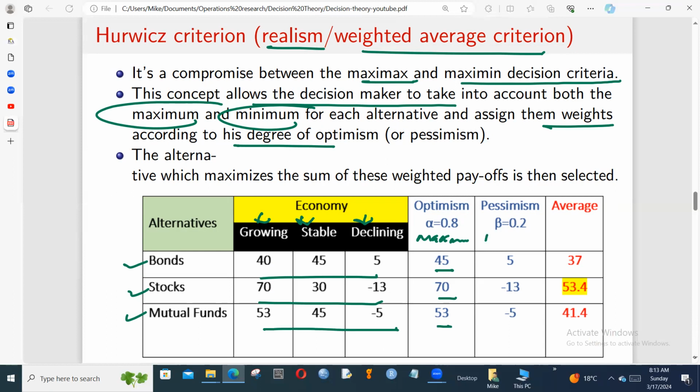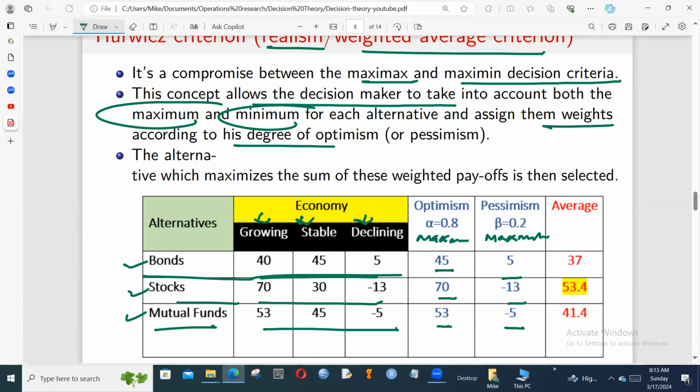But if you are looking at the context of Maximin, then the worst scenario under bonds is 5, the worst scenario under stocks is negative 13, the worst scenario under mutual funds is negative 5. And so we have the two.